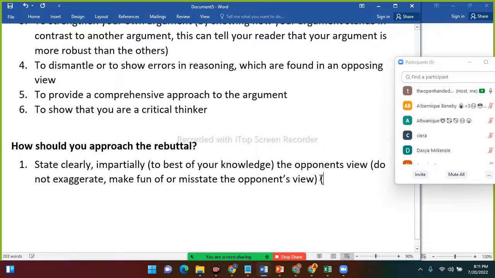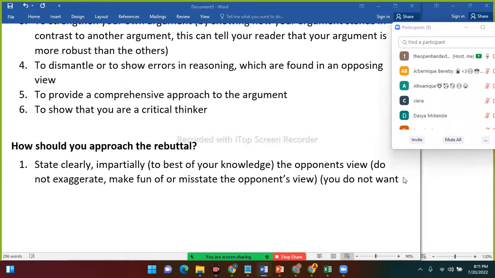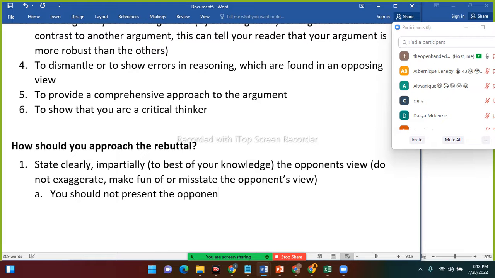So you should not present the opponent's view in a way that they have not presented it.